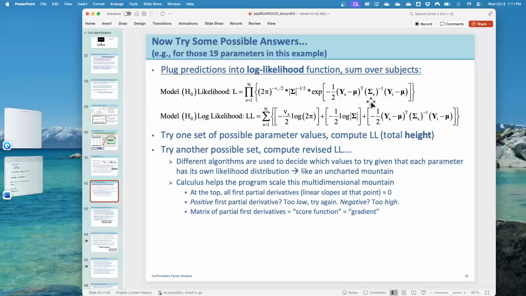That's what happens mathematically here, is that using calculus, we can figure out a set of new parameters that increase the likelihood, move up the slope of the mountaintop. And eventually we get to a spot where our new parameters that we suggest don't change the elevation very much, right? So eventually you're like, oh, is that higher or is it lower? I can't quite tell. It's actually what we call convergence. When the change in the likelihood is not much based on the change in parameters, we terminate the algorithm. And those are considered our estimates. So that's how maximum likelihood works.